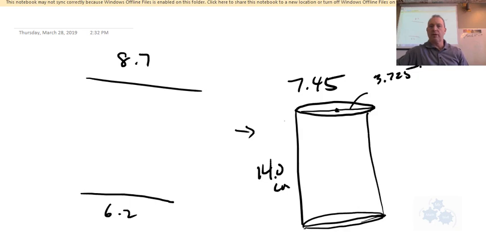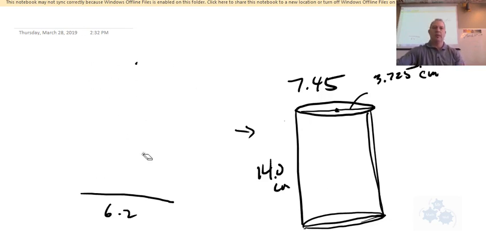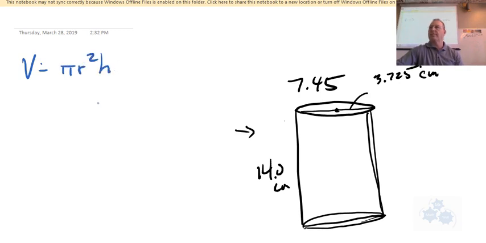We're going to find out what our capacity is. This is going to end up being centimeters cubed, isn't it? So how do I find the area of that base? Pi r squared times height. That's the volume of a cylinder. So the area of the base is pi r squared. So it's going to be pi times, what's r? And what's h? 14.